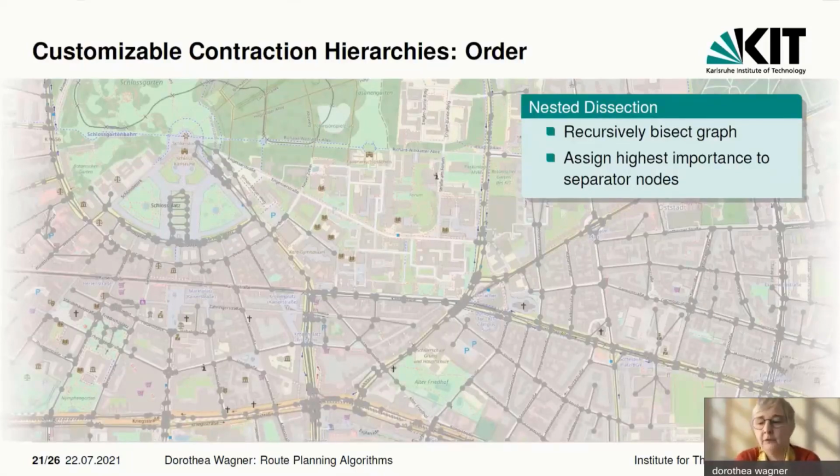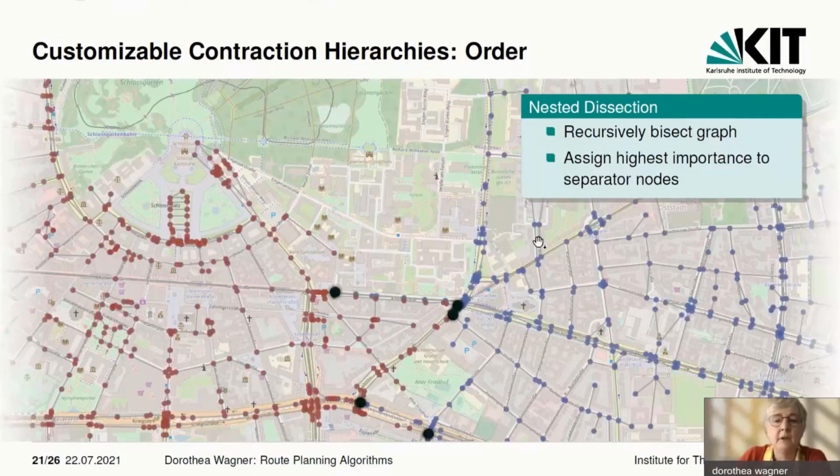We want to apply this three-phase approach, where the preprocessing phase is separated into two phases: the metric independent phase and the metric dependent phase. The metric dependent phase is customization. The metric changes, so we have to customize our contraction hierarchies. And the answer to how to do this is: use nested dissection. Recursively bisect the graph and then assign highest importance to the separator nodes.